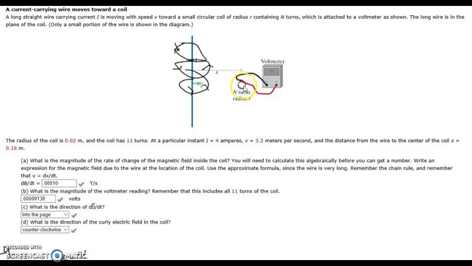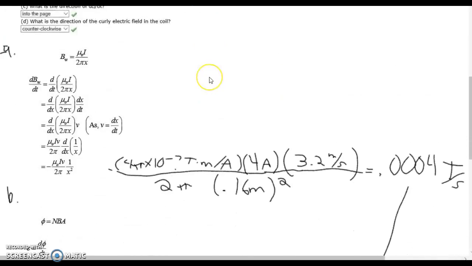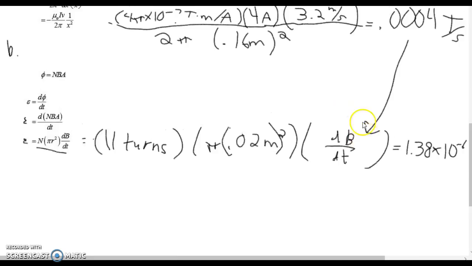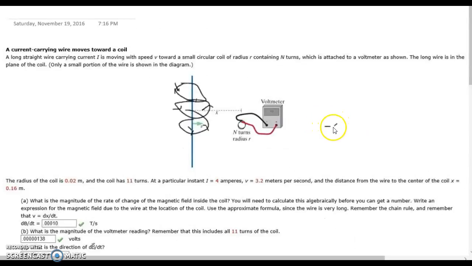So the rate of change in the magnetic field is, well, it's always kind of difficult to do, so you basically just worry about negative dB dt.